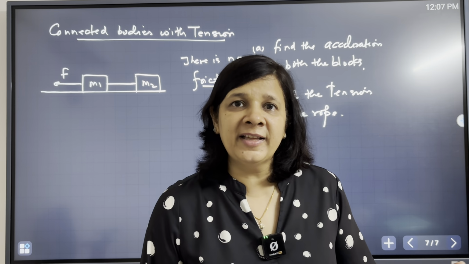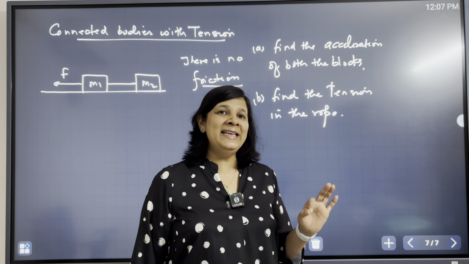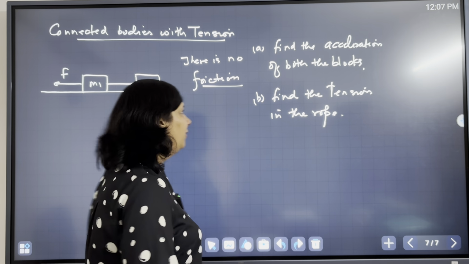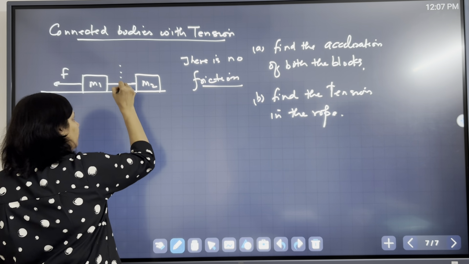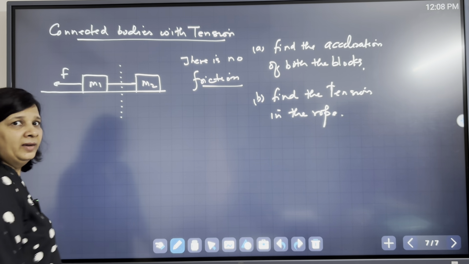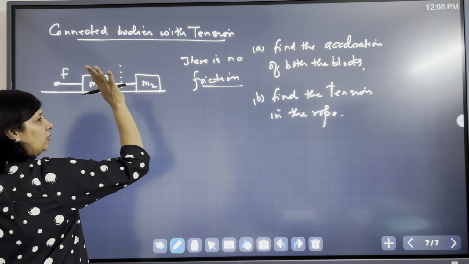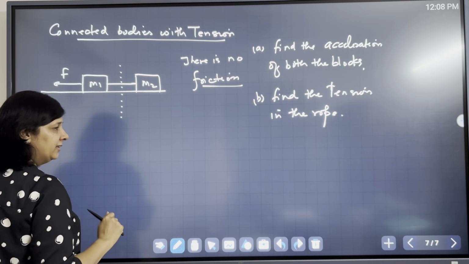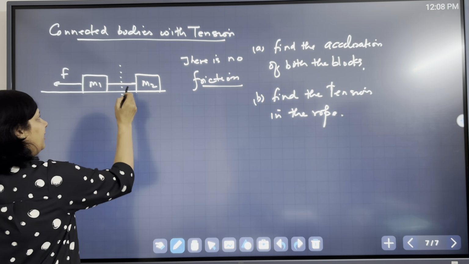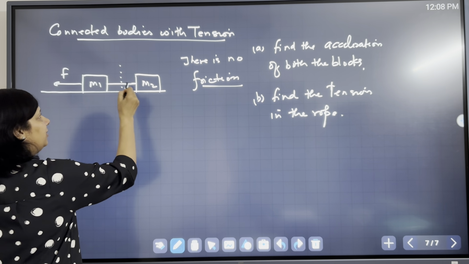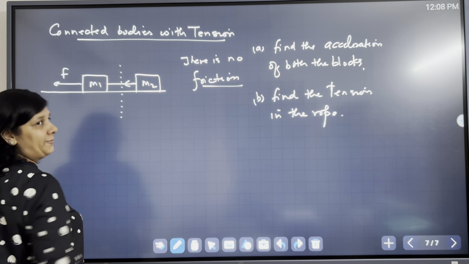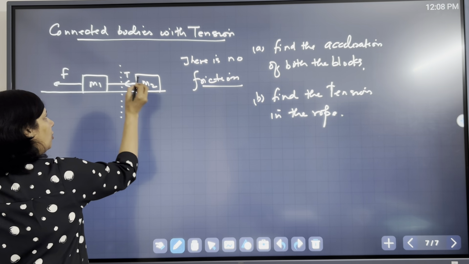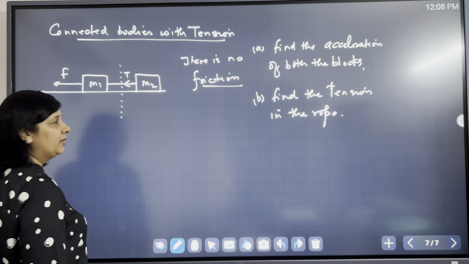In order to find the direction of tension, the easiest way of thinking is to cut the rope. Okay? For example, if I cut the rope here, then what will happen? M2 will stay there, M1 will pull fast, right? It means that if the rope is there, the rope is pulling M2 towards left, right? So the rope is exerting tension on M2 towards left, right?